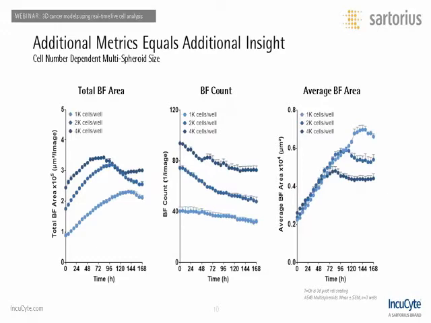So returning to how assessment of images and videos through time can provide additional biological insight. Here is some validation data showing how the size of A549 multispheroids is dependent on cell seeding density.